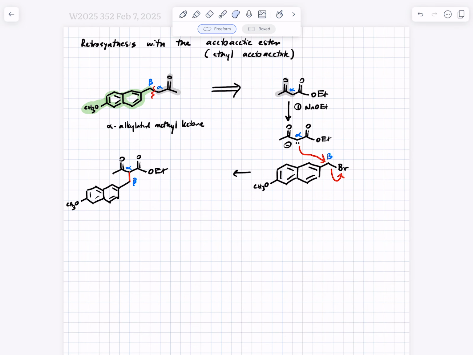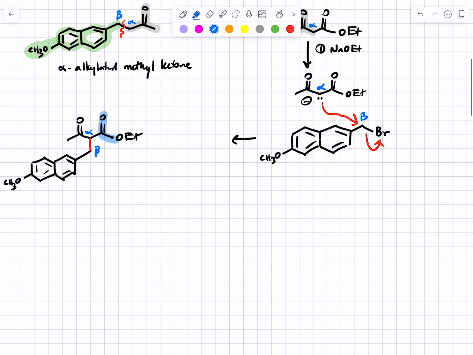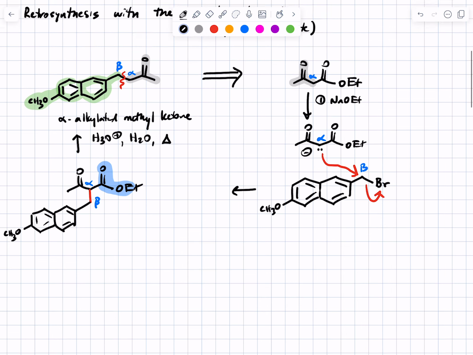Then getting to our desired product is a matter of doing that ester hydrolysis, decarboxylation, and tautomerization that we went through in detail last time, where we use water and acid and heat to first hydrolyze the ester, promote the decarboxylation of the beta keto acid, and then tautomerize from the enol to the ketone.